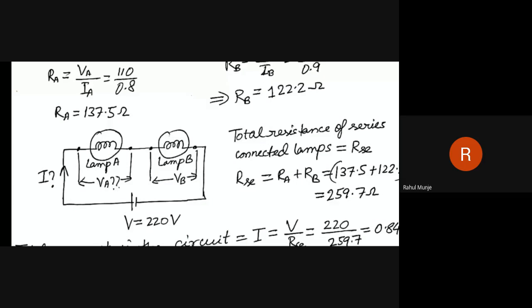Multiplying the current with the individual resistance value of the lamp, which is nothing but Ohm's law, V equals IR. No, no, what did you multiply?